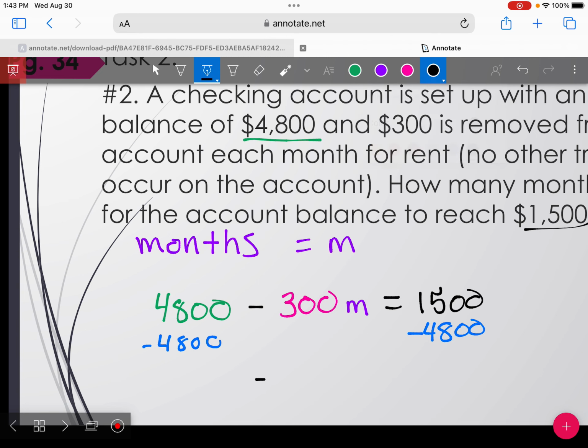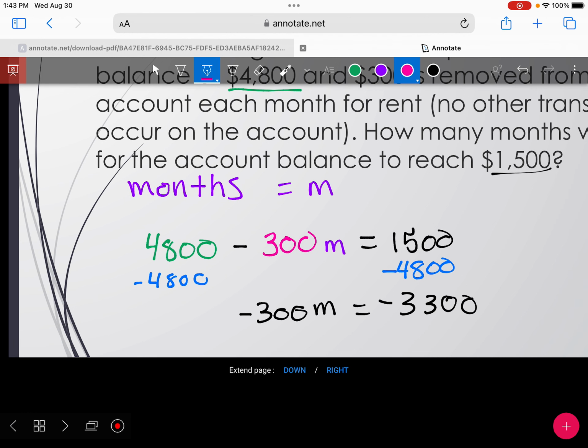That's going to leave us with minus 300m equals what? $3,300? Sweet. So what is m? How do we get m by itself? Divide both sides by that negative 300.